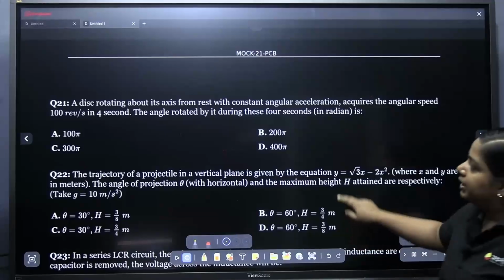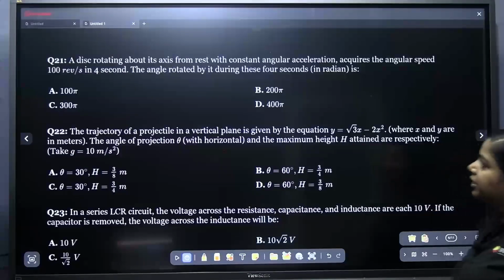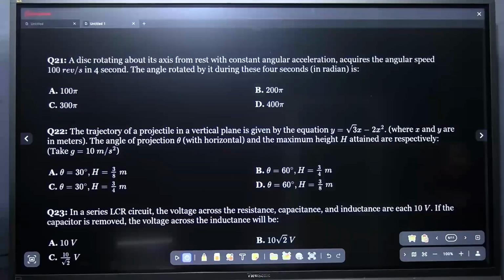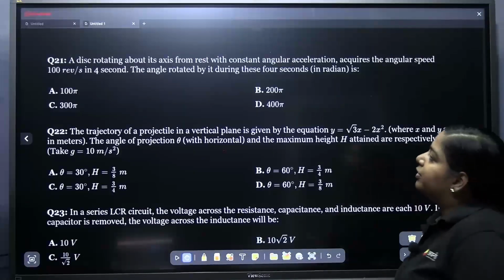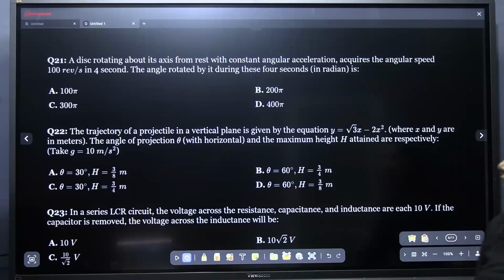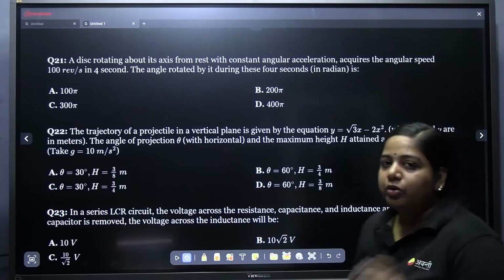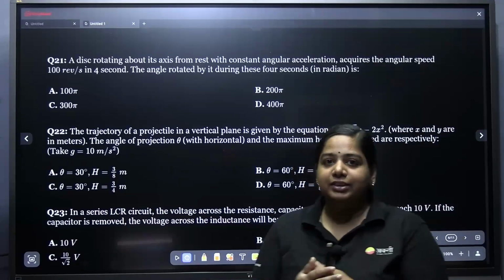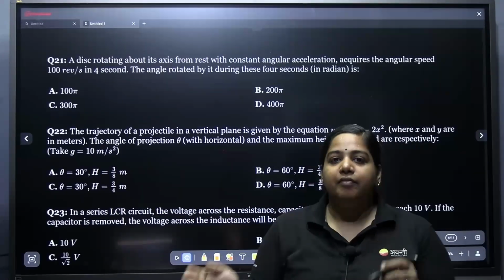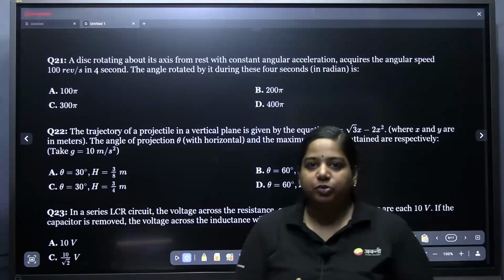Next one: a disc rotating about its axis from rest with constant angular acceleration acquires an angular speed of 100 revolutions per second in 4 seconds. Find the angle rotated by it during these 4 seconds. For rotational motion also, as I told you while we studied the chapter, we have the same formulas as linear motion.